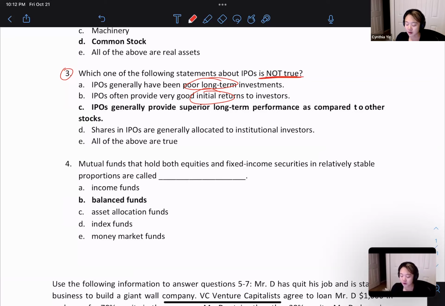And I remember in class, I also mentioned, if the IPO earns a very good initial return, why can't you build a trading strategy to take advantage of that? I don't know if you still remember that or still have the notes, but it's about oversubscribed versus undersubscribed.